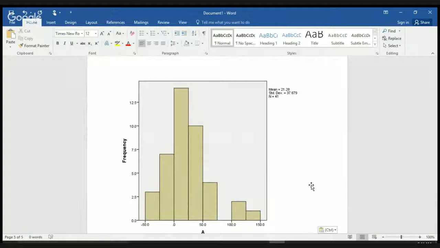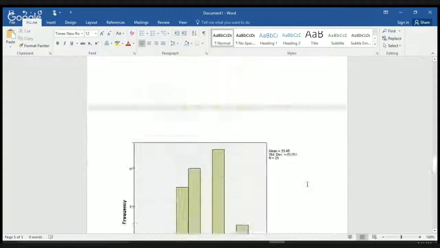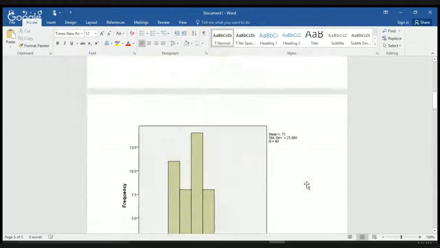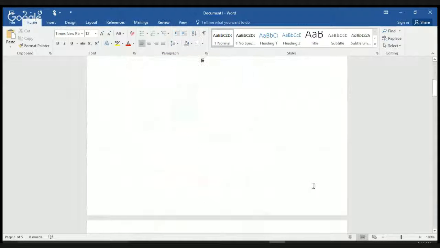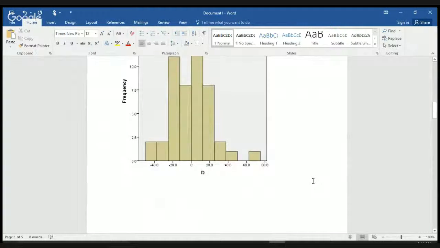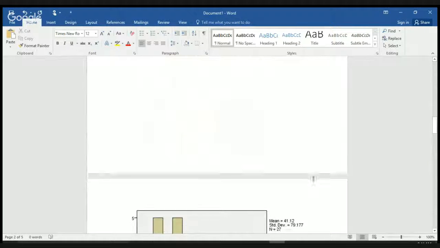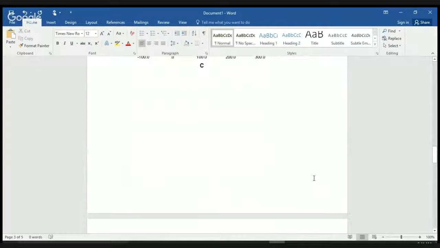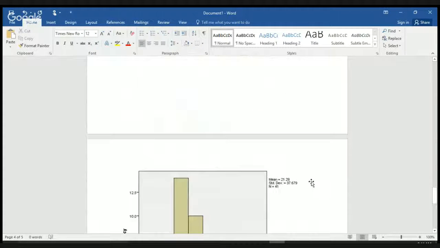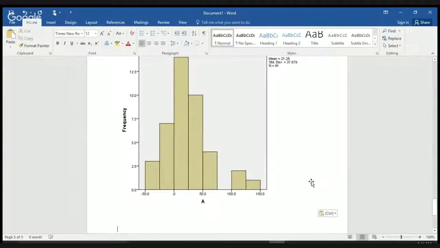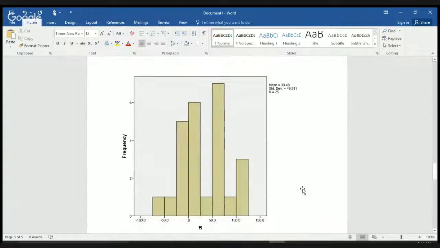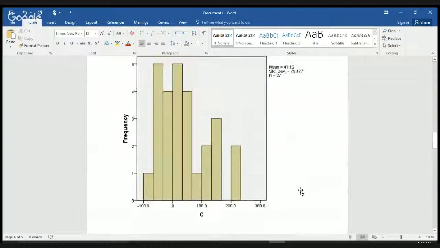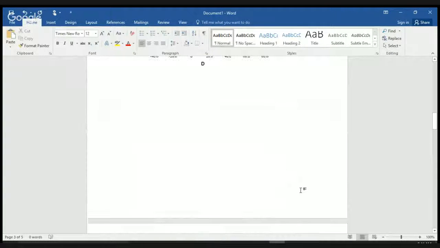And what was E? I forgot to see what E was. Oh, here we go. E is right skew as well. And D, we said bell, correct? D, bell. C is right skewed. B is bell. A, right skewed. Actually, scroll back up. Again, I think it might be B that I was thinking.